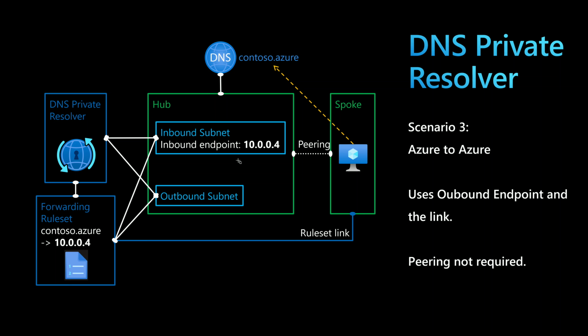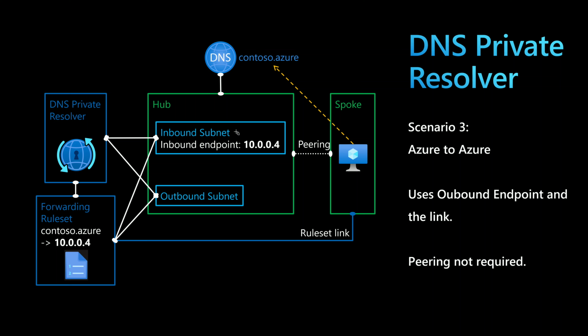It will be able to do that through the DNS private resolver forwarding rule set. The forwarding rule set will say that if you want to resolve contoso.azure, then you need to forward the DNS traffic to 10.0.0.4, which is the private IP address used by the inbound subnet.